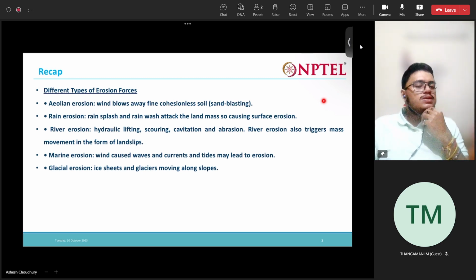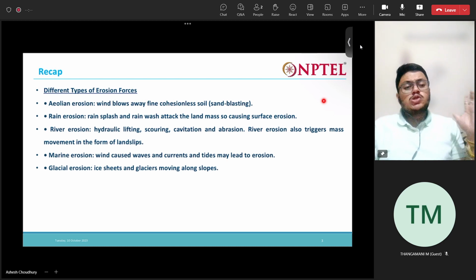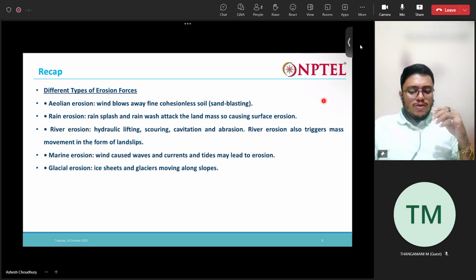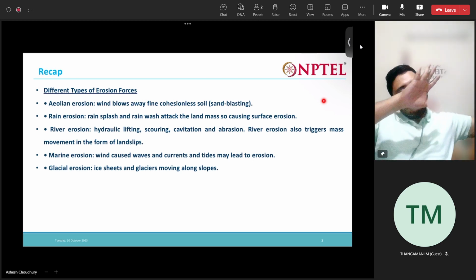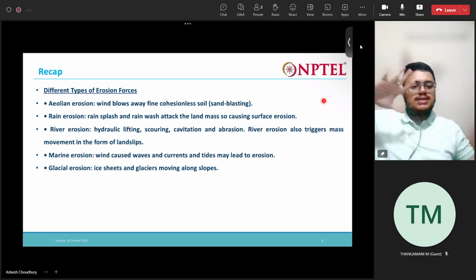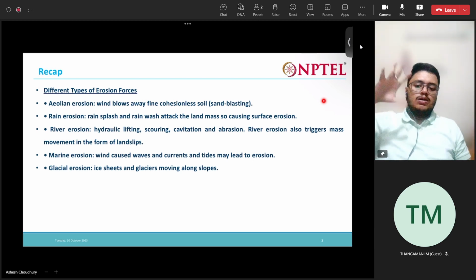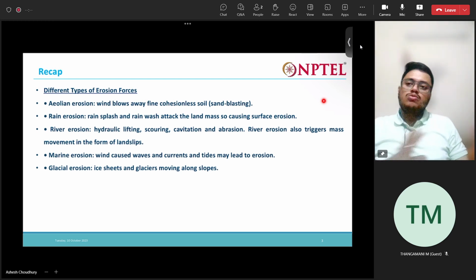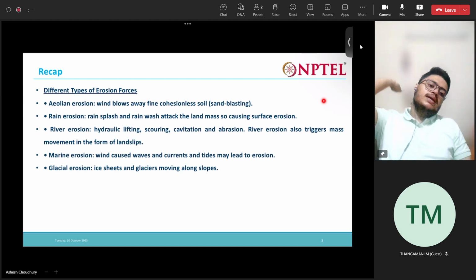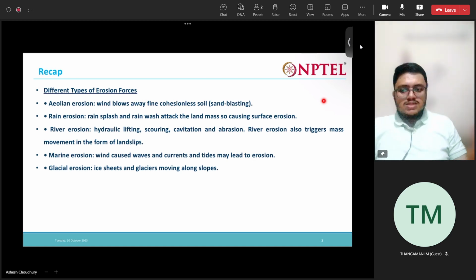So generally this happens, say, on beaches. Okay, on a beach you have sand, right? If strong winds are blowing, due to a cyclone or something, what happens? This cohesionless sand is carried with the heavy wind over long distances and deposited somewhere else. This is called aeolian erosion.